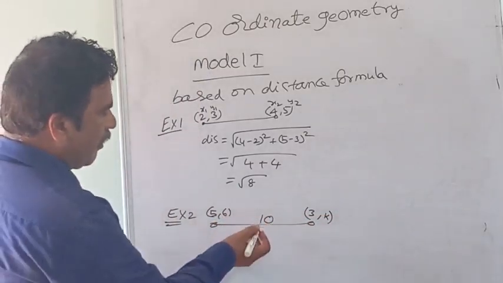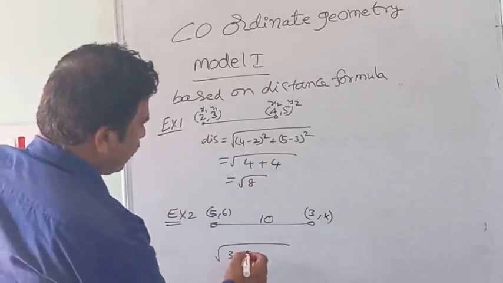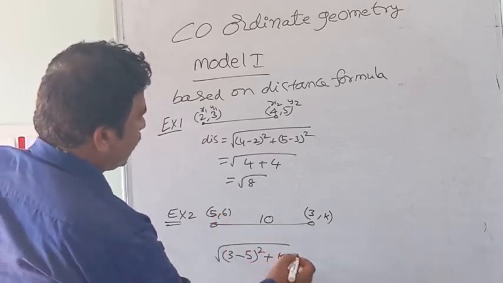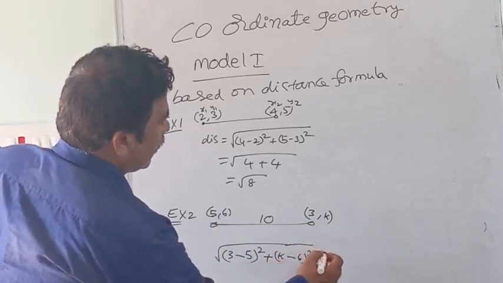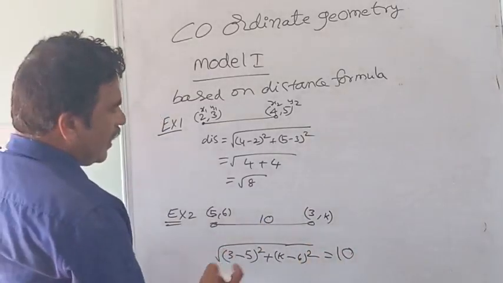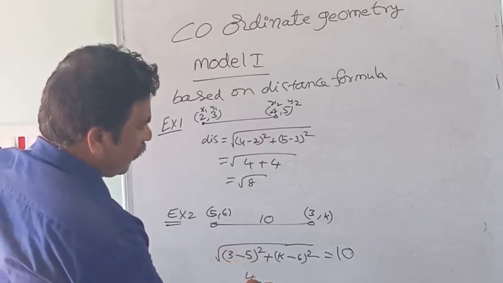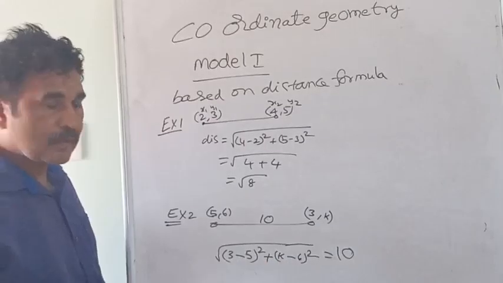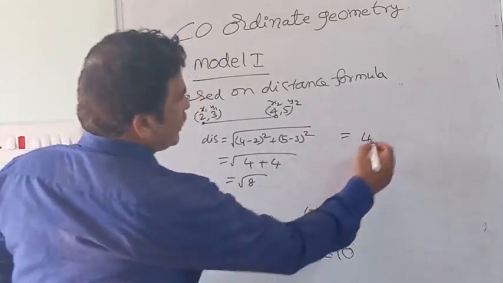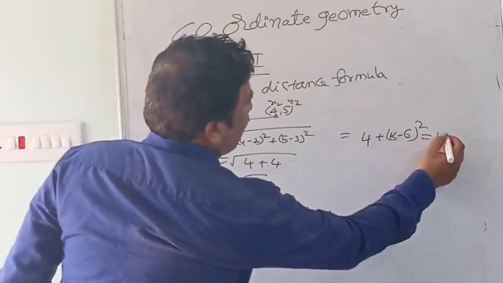Therefore root of (3 minus 5) whole square plus (k minus 6) whole square is equal to 10. Now squaring on both sides, the root will cancel. 3 minus 5 is minus 2, whole square is 4. k minus 6 whole square as it is. 10 square is 100.